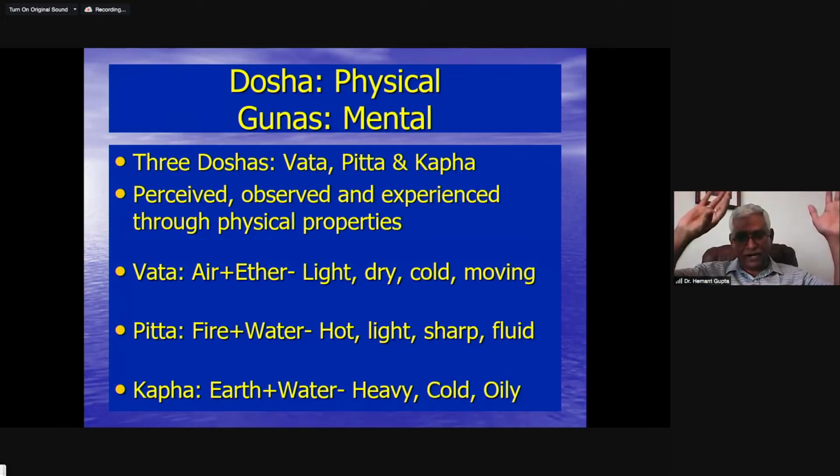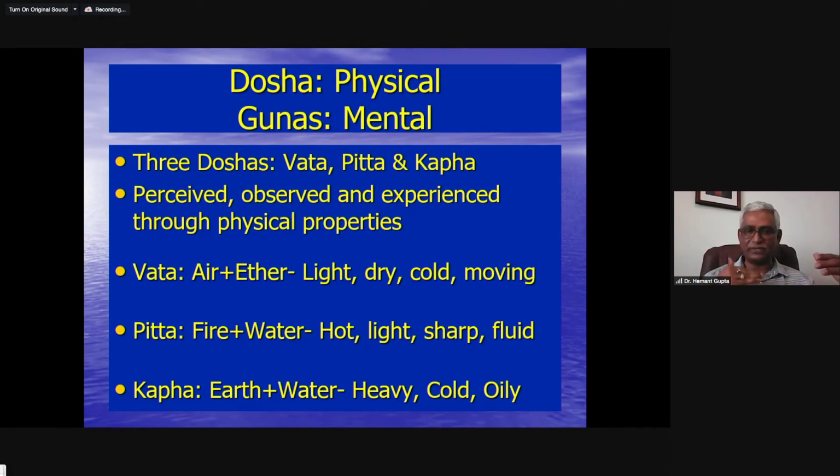Those are part of mental gunas. Sometimes they get mixed up, because when we do the dosha quiz, there are some mental symptoms also. But that's not primary for understanding physical dosha.